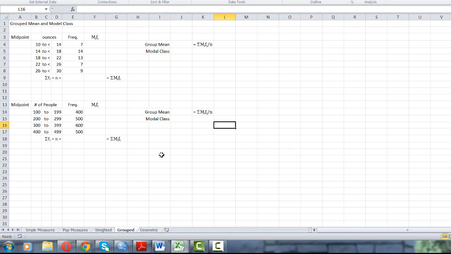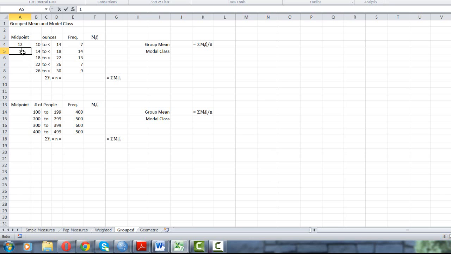Now, grouped mean is, if you know how to do a weighted mean, you know how to do a grouped mean. The only issue is, what do I use for a value here, where I multiply it by the weight? My weight will be my frequency. Well, the best thing that we can really do is use an estimate. So here would be just the midpoint of our class.